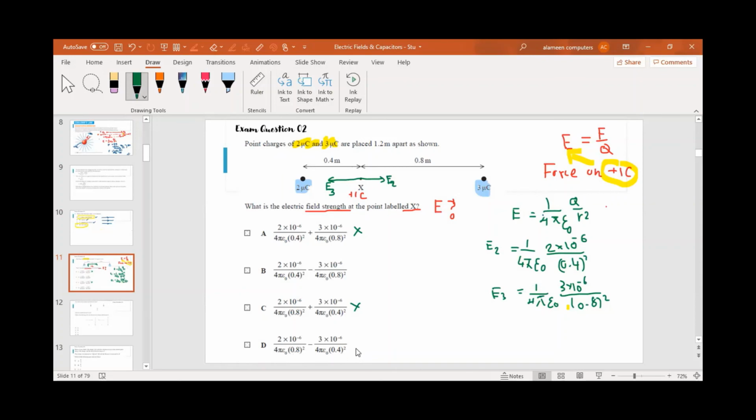So that's wrong. So the answer is this. If you calculate, E2 should be higher. But they have made it easier for us to get the answer just by comparing. You don't have to do the final calculation.